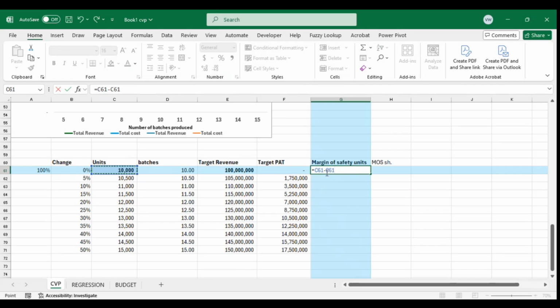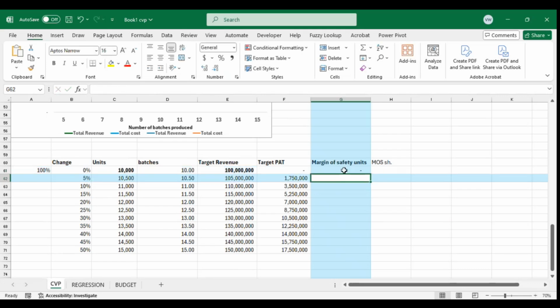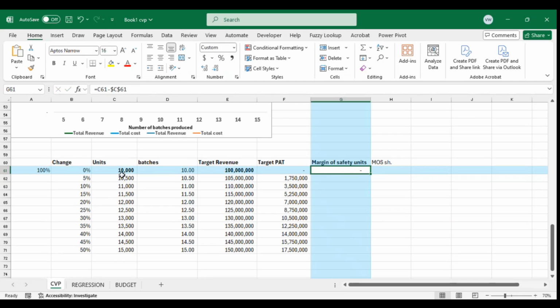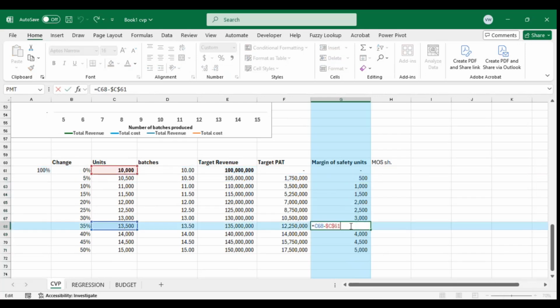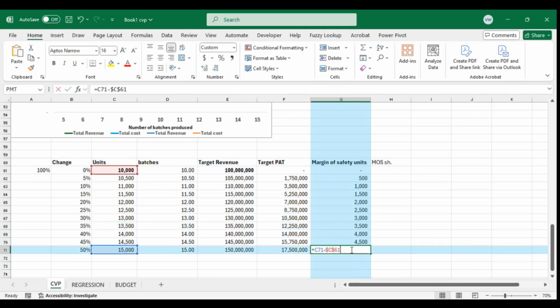But because I want to lock the actual against the break-even units, the value that I'm subtracting, I can make this value an absolute reference by pressing F4, so that everything else will be charged on that, while the rest is a relative reference. And you can clearly see that when I double click on that, everything else is on the 10,000. This is 13,500 minus 10,000. This is 15,000 minus 10,000. This is now our margin of safety in units.